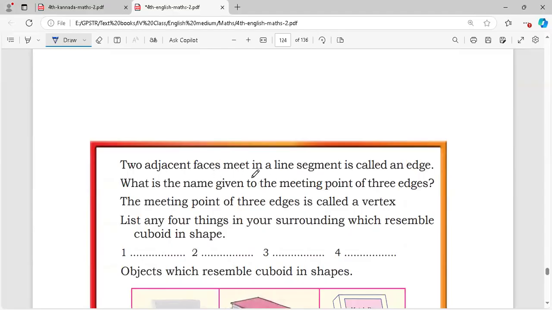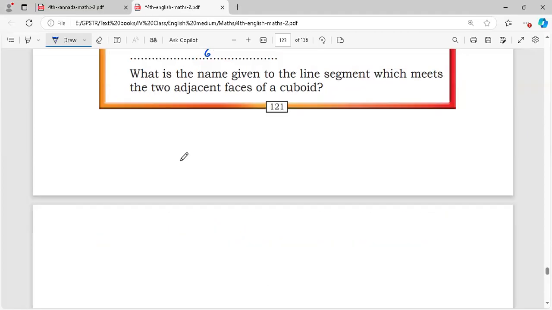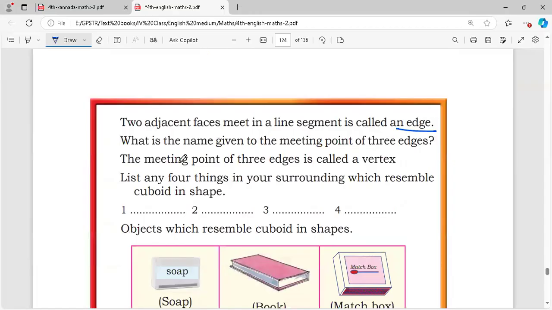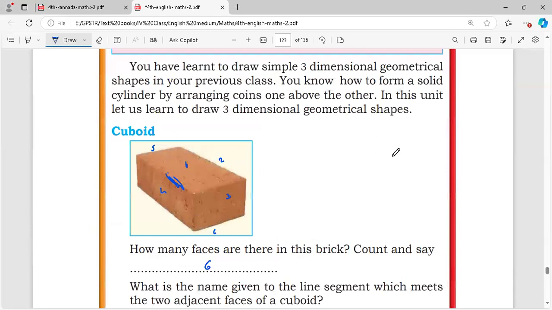Two adjacent faces meet in a line segment, which is called an edge. This is an edge. This part, edge. The meeting point of 3 edges is called a vertex.